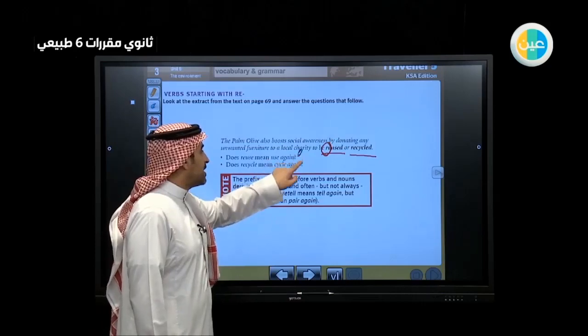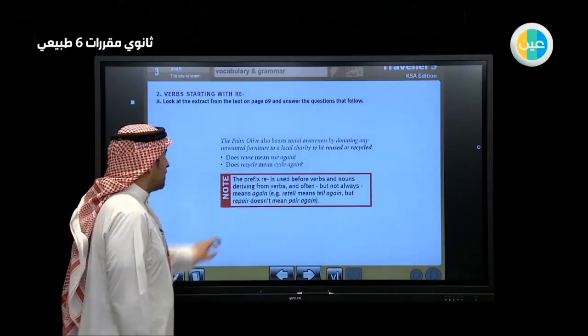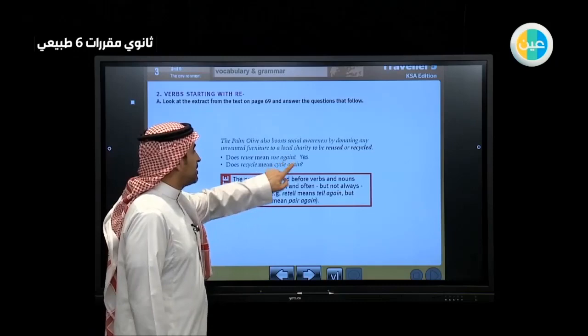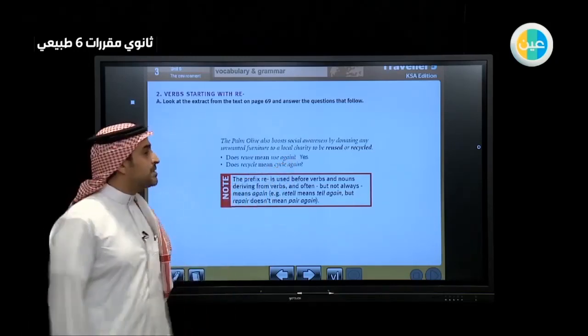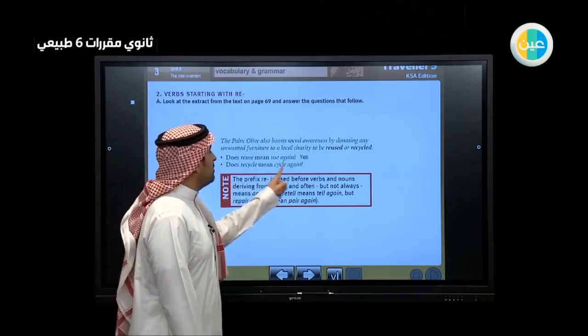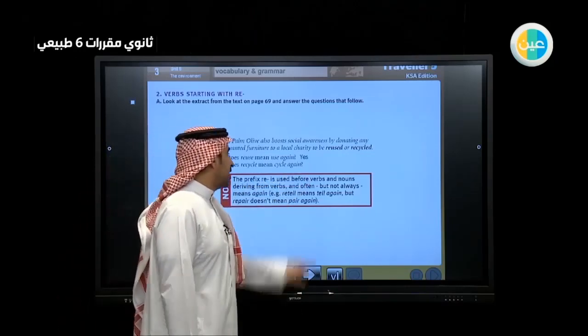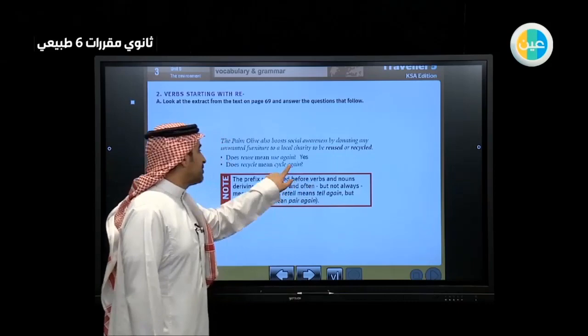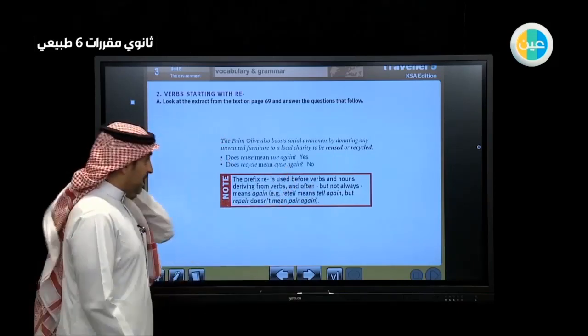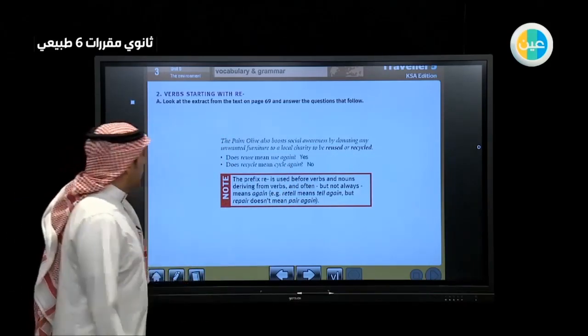So here we can say yes, it means use it again. Does recycle mean cycle again? No, it doesn't mean cycle again. It has another meaning.